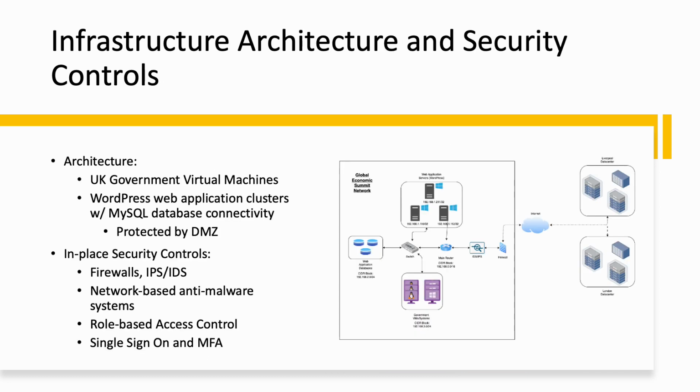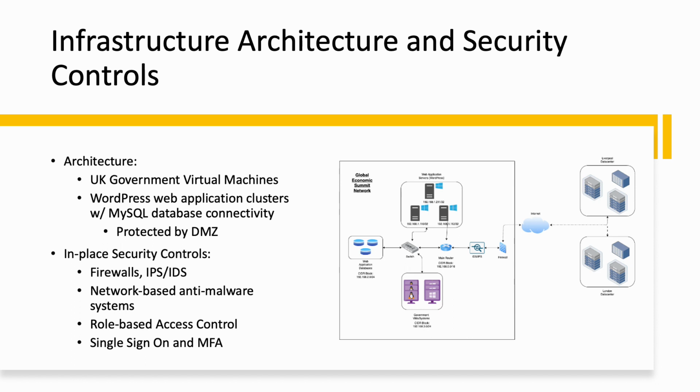Okay, so moving on to the infrastructure architecture and security controls. If you take a look at the architecture diagram on the right, you'll see that we have outlined the Global Economic Summit's network, including the connection to the two databases or data centers, I'm sorry, that we have within the United Kingdom. We have one in Liverpool and one in London that we connect to for various reasons.